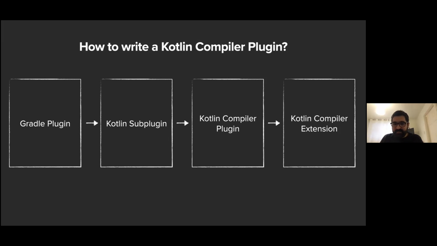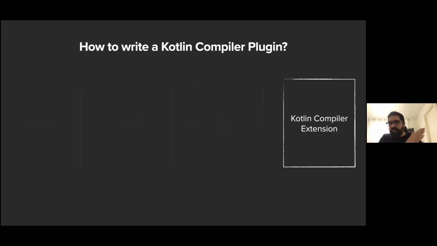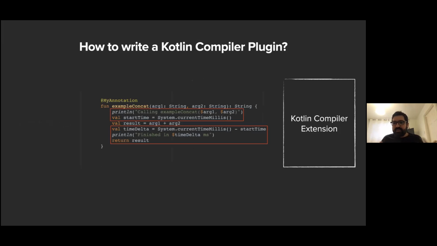And this last part of the whole process is actually where you have to write the code that you need for your compiler plugin. I mean, all of the parts are important, but this is the one where you are actually going to write your code. So in essence, this is the part where we will need to do what is highlighted here on screen.